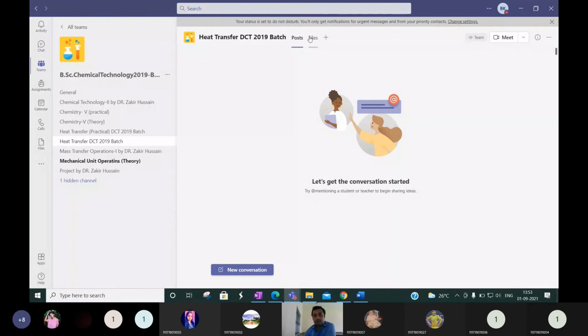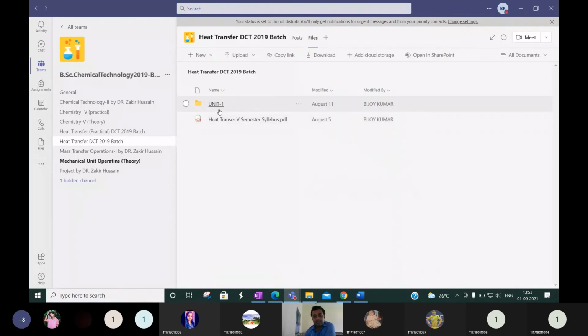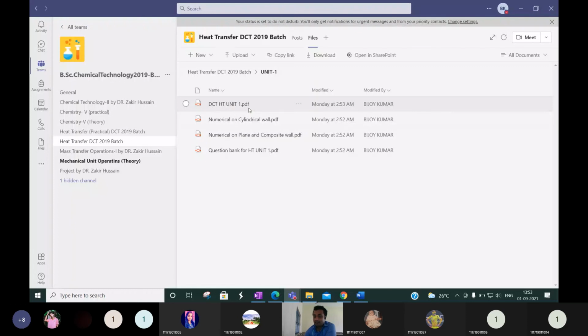See, this file is there. DCT-HT unit 1, it means the solution to that problem was mentioned in that file. Again, the solution is also mentioned in the numericals of plane and composite wall.